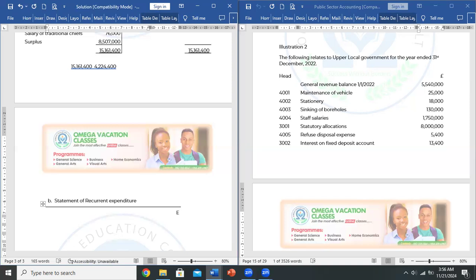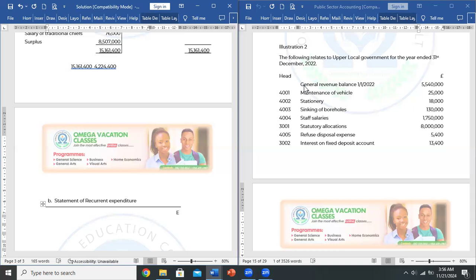And the benefit accruing from such expenditure normally doesn't last beyond one financial or accounting period. Yes, Professor. Staff salaries. Okay. So let's go accordingly so that we don't miss anything.